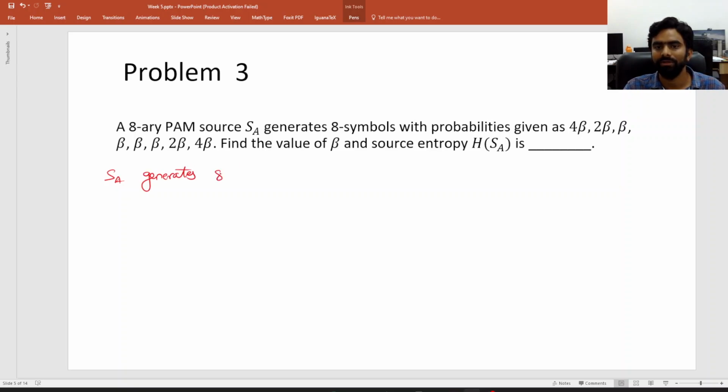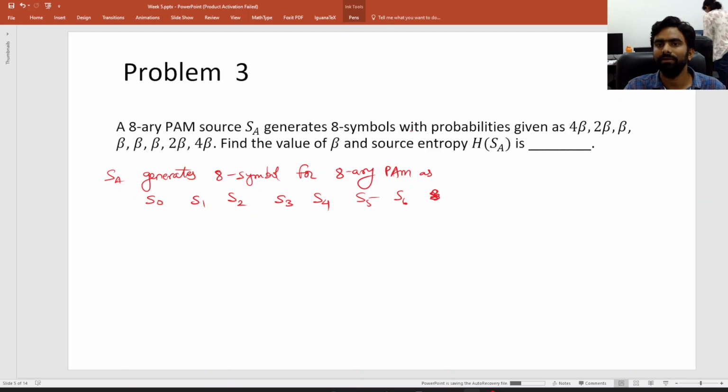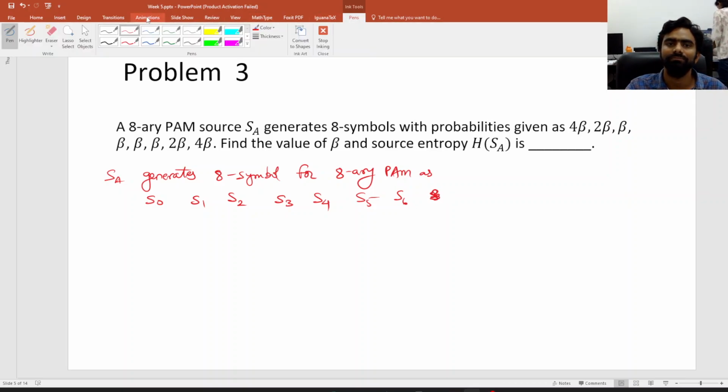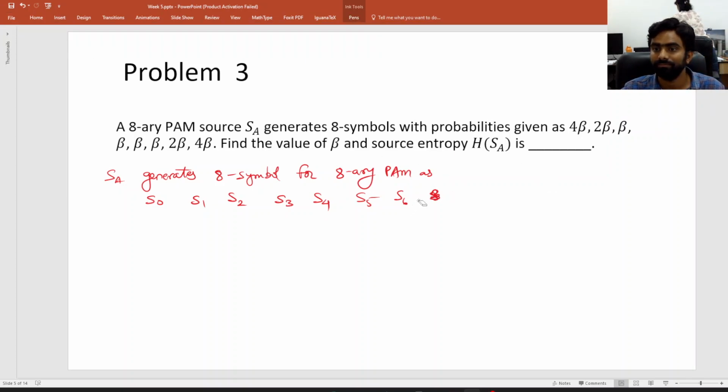Let's denote the 8 symbols as S0, S1, S2, S3, S4, S5, S6, and S7, and the probability of Si.